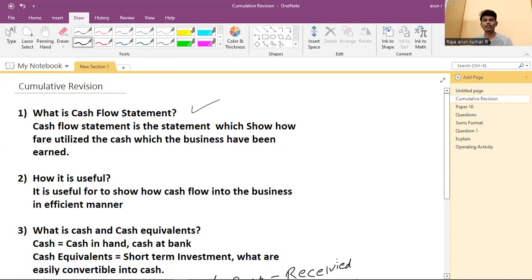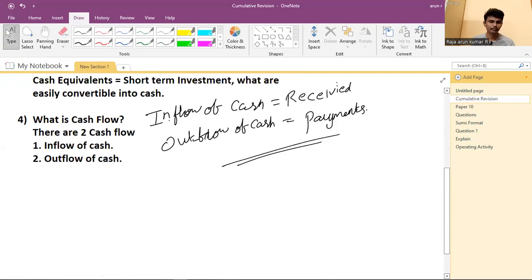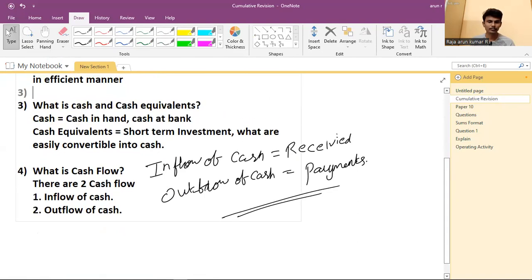A cash flow statement shows how the cash earned by the business has been utilized. Secondly, we saw how it is useful, and then we covered what cash and cash equivalents are, and what cash flow is.